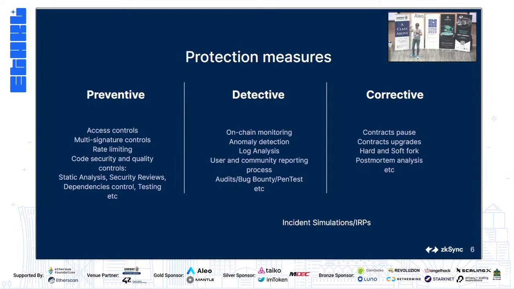If an incident happens, in this case, the corrective measures kick in. So we try to do everything we can to reduce the harm of the incident, to improve our layer of the defense, and to update our approach and security response for the future.